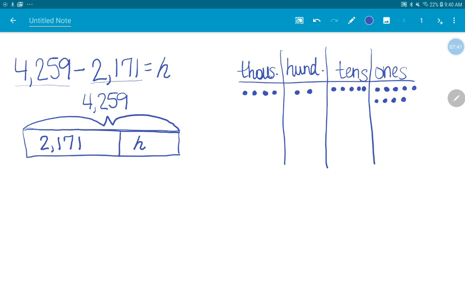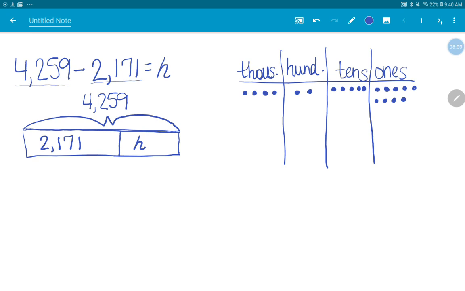Do I need to draw 2,171 on my place value chart now? No. Why not? Because you already drew it right here. What am I doing in this problem? Subtracting. I'm taking them away. I'm not adding more.